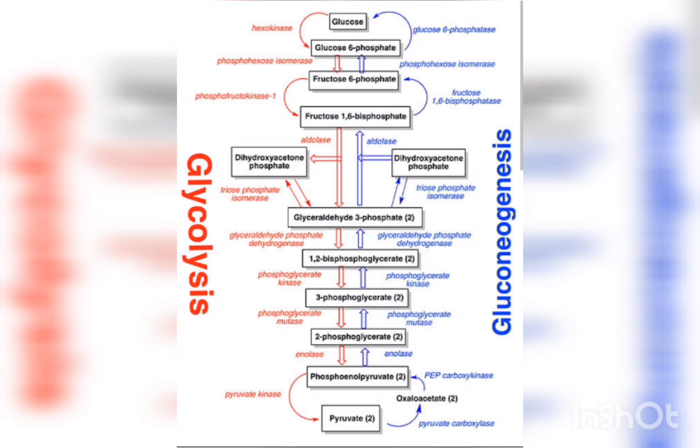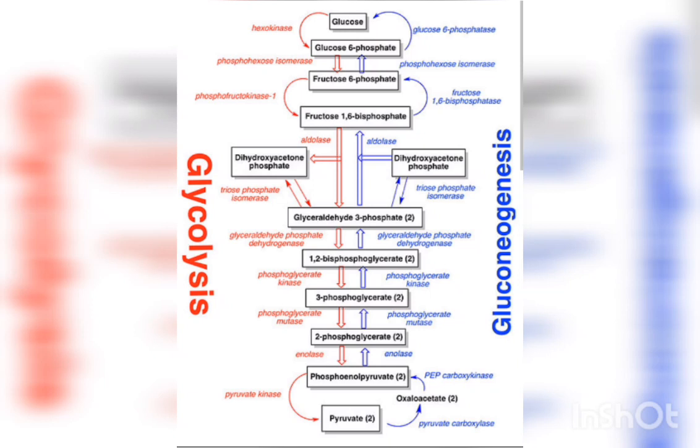Oxaloacetate is decarboxylated to form phosphoenolpyruvate with the enzyme phosphoenolpyruvate carboxykinase. Step 6, fructose 1,6-bisphosphate. Fructose 1,6-bisphosphatase catalyzes the hydrolysis of fructose 1,6-bisphosphate to form fructose 6-phosphate and inorganic phosphate.